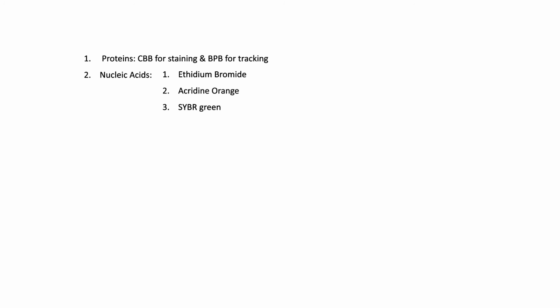So we have discussed the blotting techniques and the agarose gel electrophoresis. Let us now quickly revise the special points that we have to remember. Proteins, the dye for staining is CBB, and for tracking, the tracking dye is BPB. In nucleic acids, there are three dyes: ethidium bromide, acridine orange, and SYBR green.